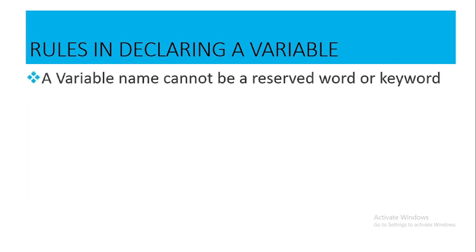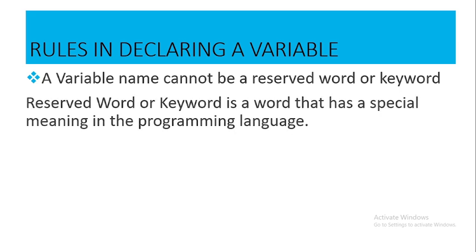A variable name cannot be a reserved word or keyword. So a reserved word or keyword is a word that has a special meaning in the programming language you are using. So we have some dedicated words.